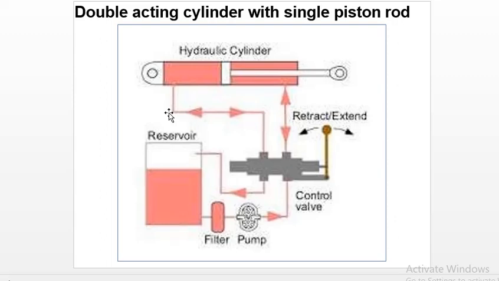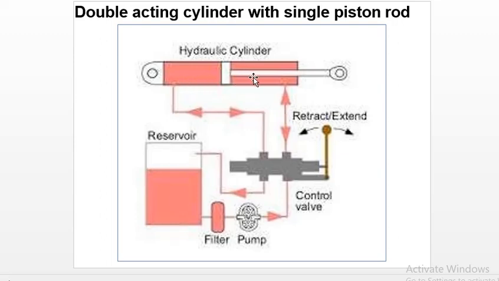So here is the nomenclature of the double acting cylinder. The reservoir is used to store the oil, the filter filters the contamination, then the pump generates the flow, a constant flow rate per revolution, and then it goes to the direction control valve, as we have seen earlier. By changing the position of the direction control valve we can control the direction of the fluid flow, and direct the fluid to enter the double acting cylinder.